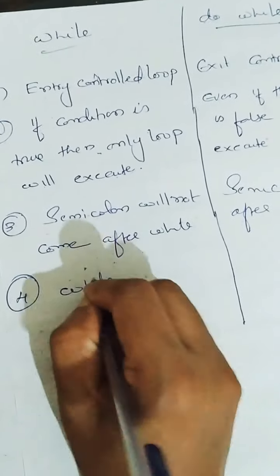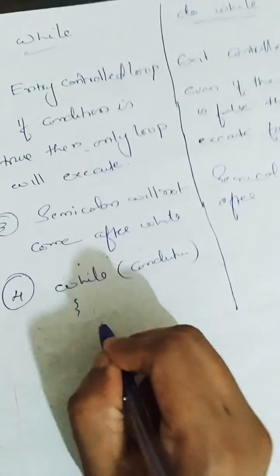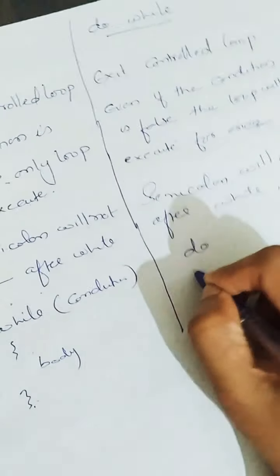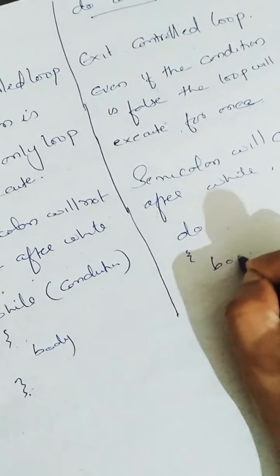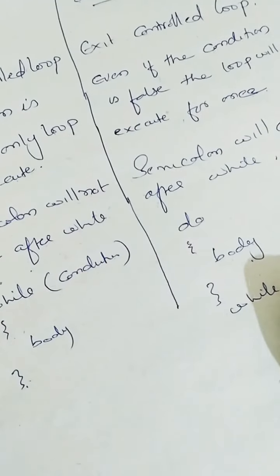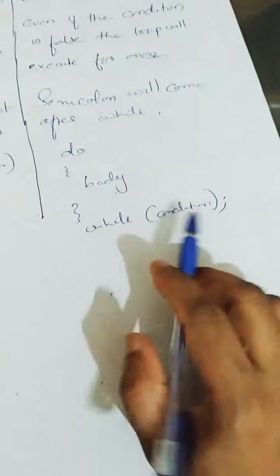I am just mentioning all the points so that it will be easy for you. While, condition, body, like this. Here, do, body, while, condition, semicolon. The semicolon should be there.